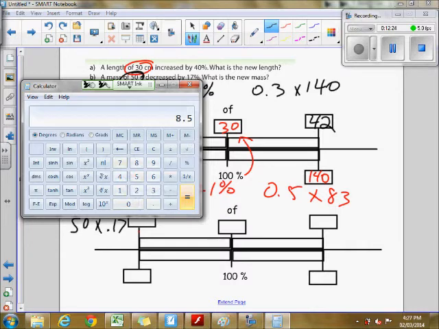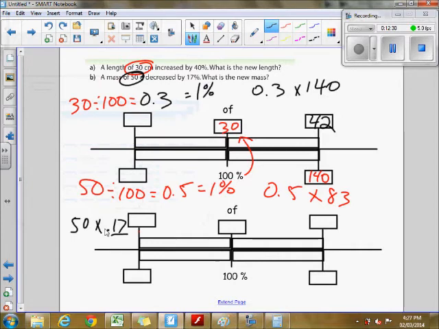So 8.5 is 17%. So when we take 50 minus 8.5, we will get 41.5, which is the correct answer. That's 50 here.